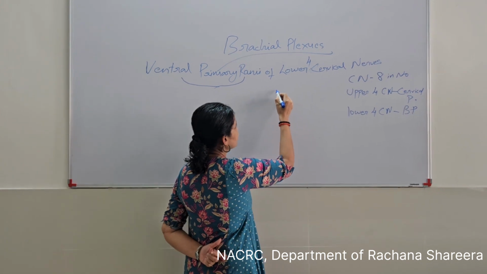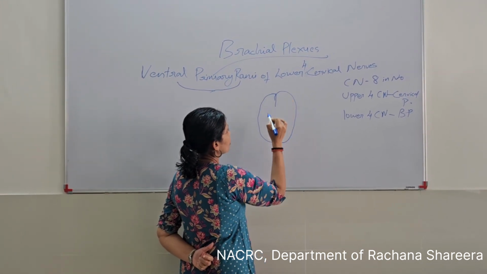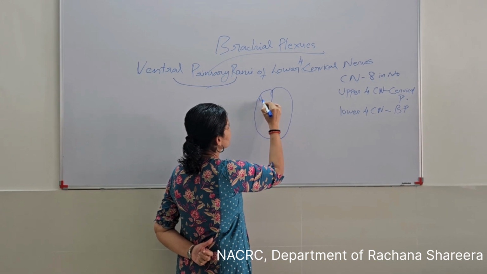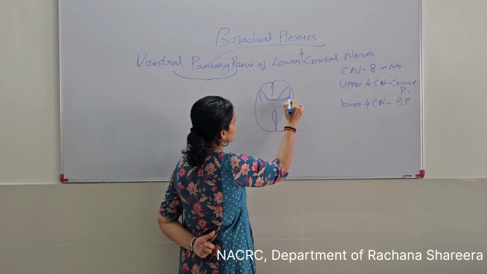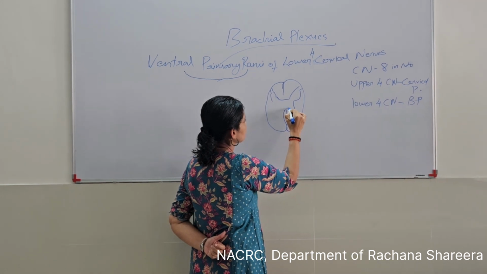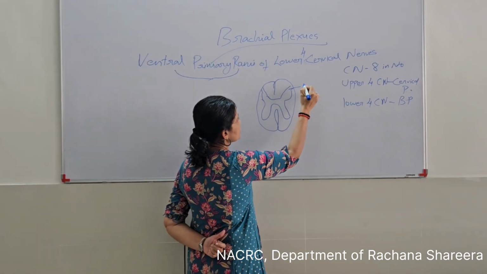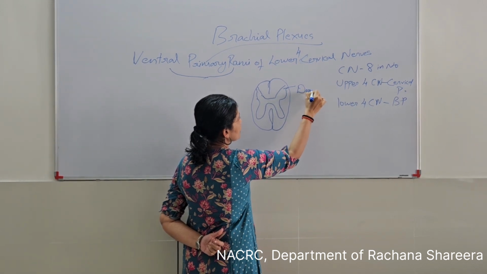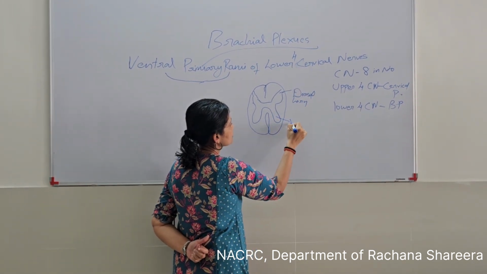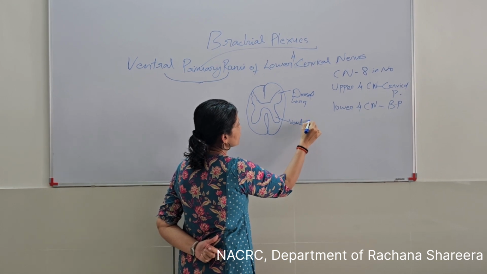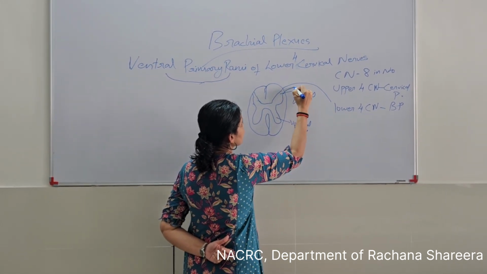If we take the TS of the spinal cord, it has a dorsal horn and a ventral horn.